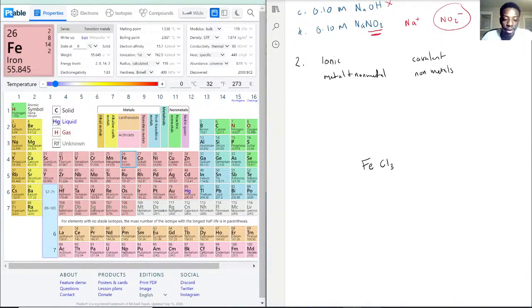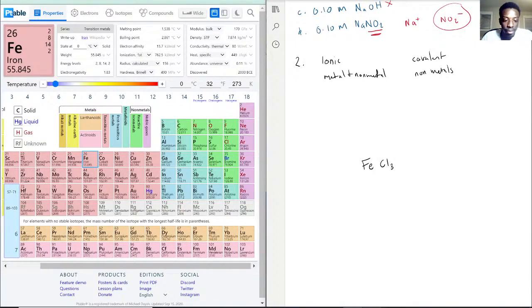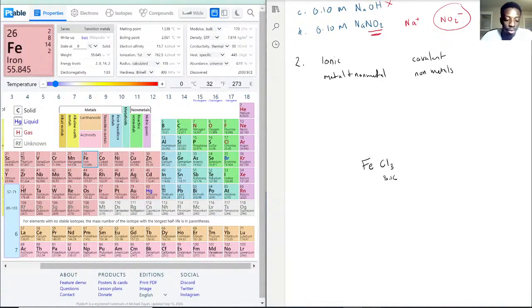Okay, and let's see here. And now chlorine is a non-metal. So here, what I'm actually going to do, just so we cover all our bases, I'm going to add the electronegativity as well, just to double check.